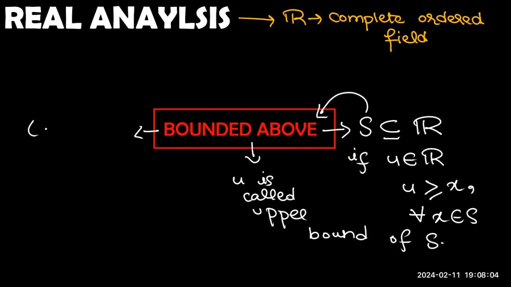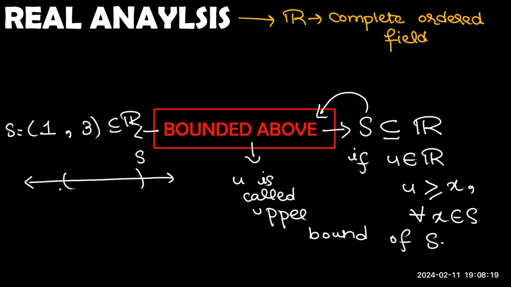For example, let's say we have an open interval (1, 3). Let's say I have taken S equal to this interval. As you know, it is a subset of real numbers. Here we have 1 and 3, and between them, let's say, 2. So this is an open interval.